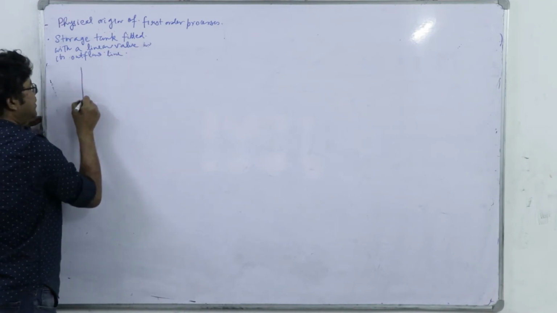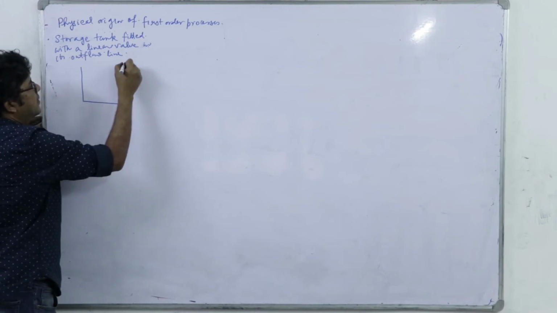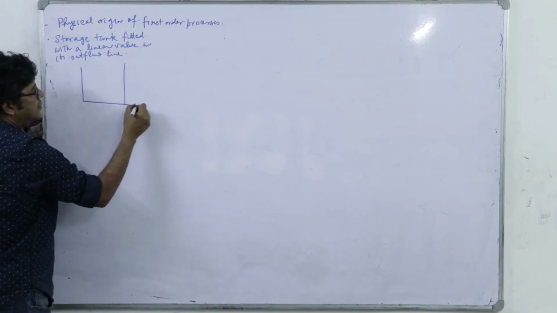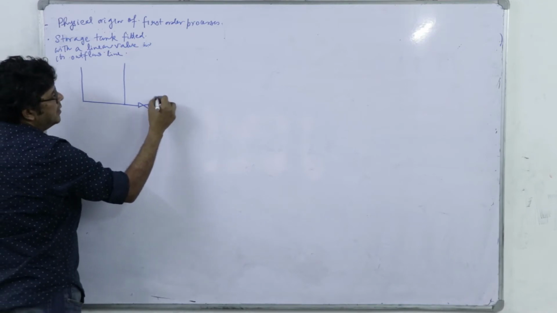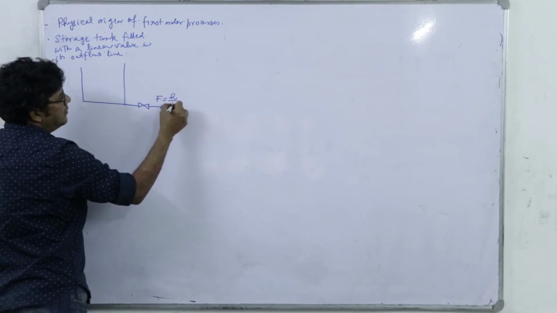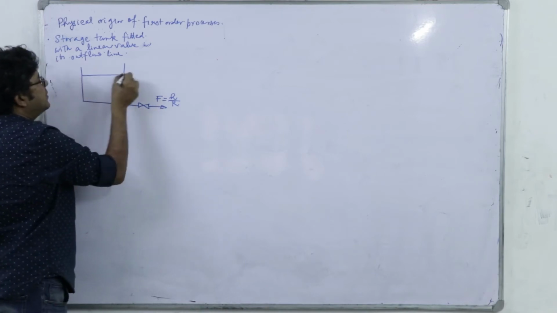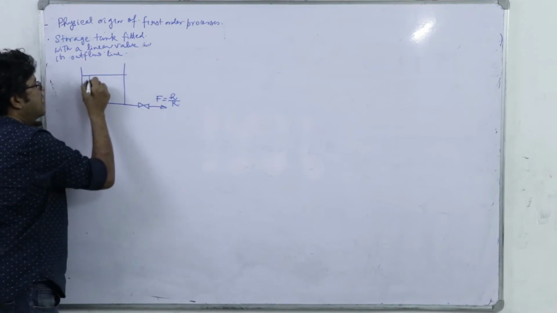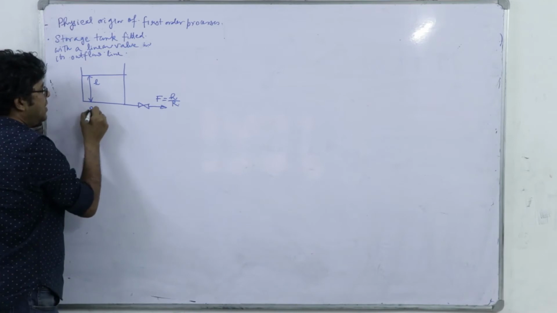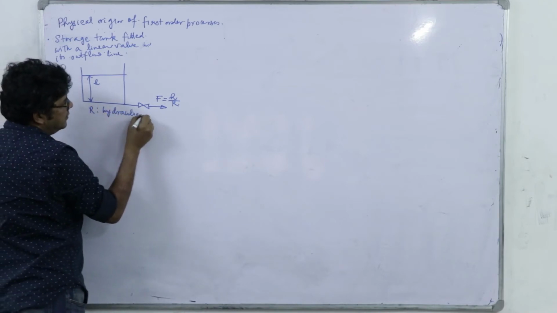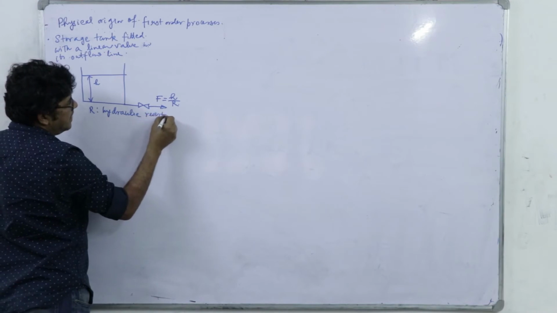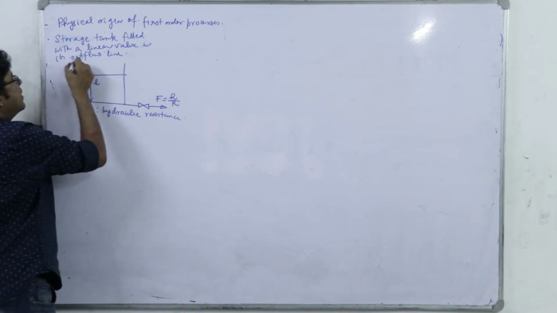So the example is something like this. Linear valve means F is equal to H divided by R, where H is the level in the tank and R is the hydraulic resistance, and this is Fi.